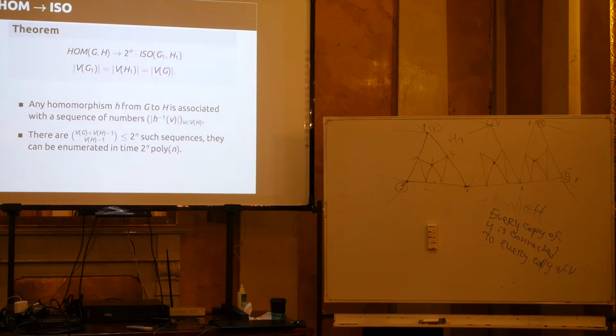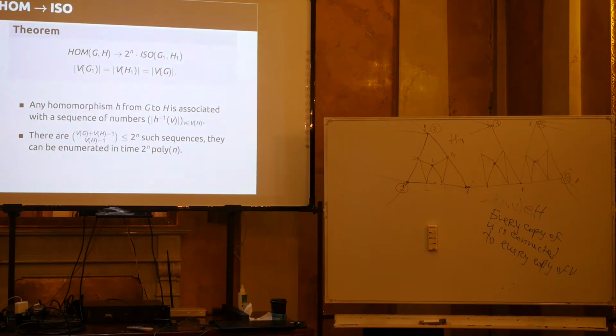But when you want to prove hardness of subgraph isomorphism for graphs with different sizes, then you also blow up one of these graphs, like you blow up H with dummy vertices. In the isomorphism problem, every vertex of the left graph should be mapped to a unique vertex. Right, yes.